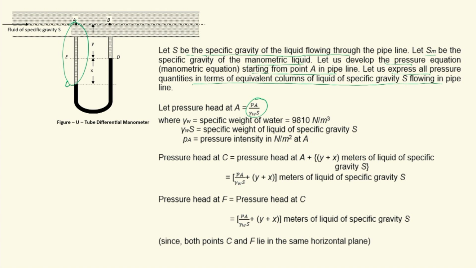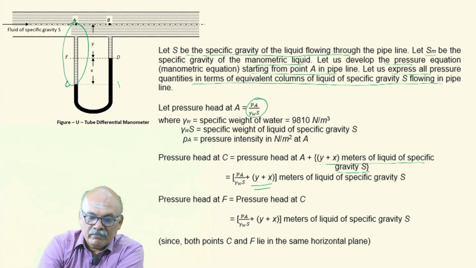What is this column? From A to C it is Y plus X. What do you have in this column? It is only the fluid of specific gravity S flowing through the pipeline. So Y plus X meters of liquid of specific gravity S. So PA by gamma W S plus Y plus X meters of liquid of specific gravity S.